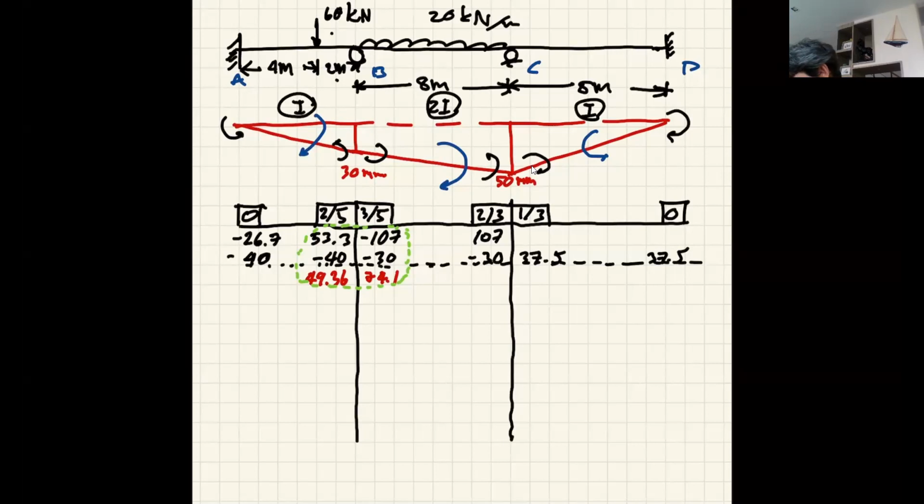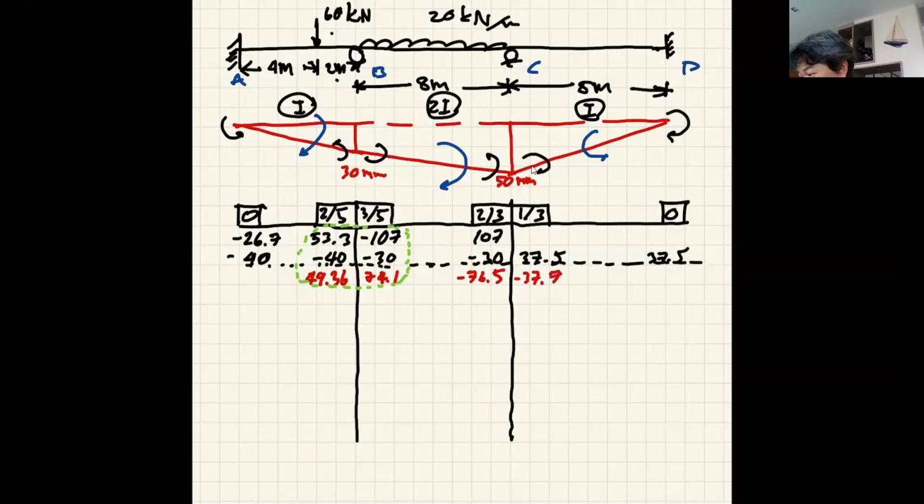This is about 114, so you need minus 114, and 2/3 is going to come from member BC, so this is minus 76.5. Here is minus 37.7.